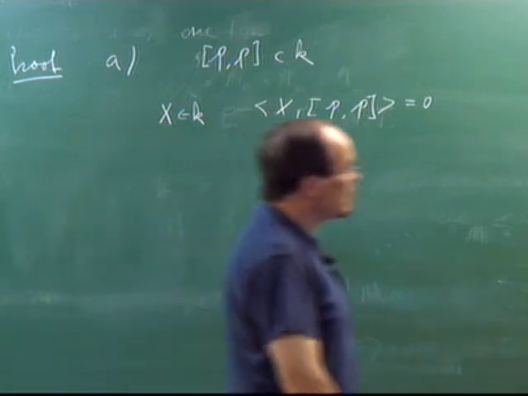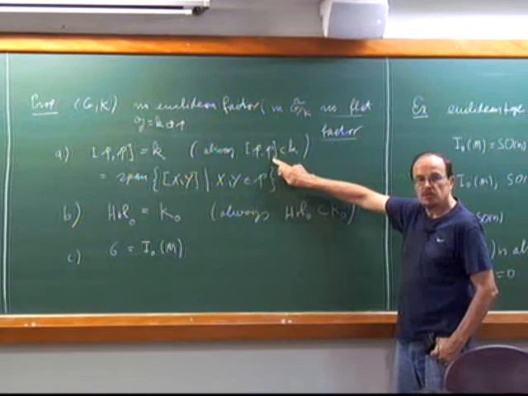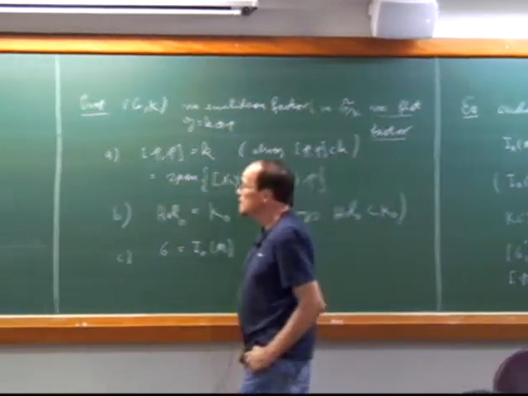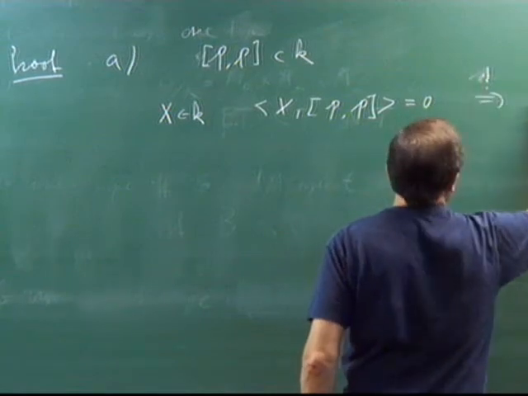So assume one is contained in the other, assume they're not equal, then there's something in K orthogonal to these brackets. So the goal is to show that x is 0.